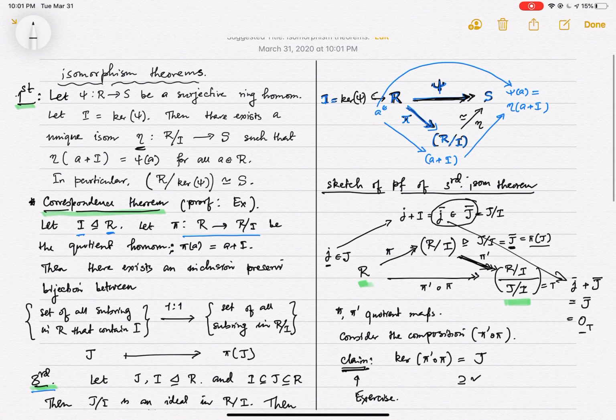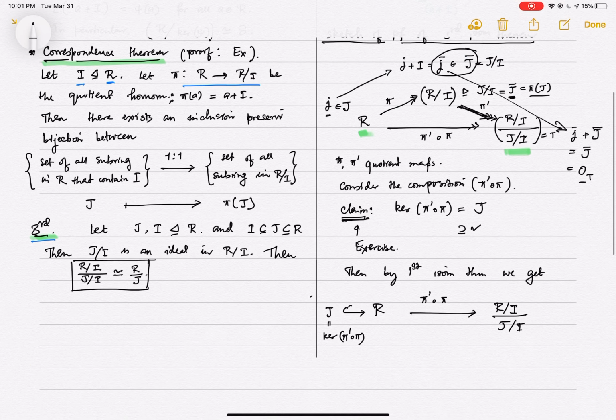So the first isomorphism theorem says that when you have that, and if you take the quotient map here, call it pi double prime, I don't want to call all these maps pi, they're different quotient maps, then you get an isomorphism from R mod J to R mod I mod J mod I. It says that going down, going up is the same as going right. In particular, these two rings are isomorphic. And that's the third isomorphism theorem on the left here.